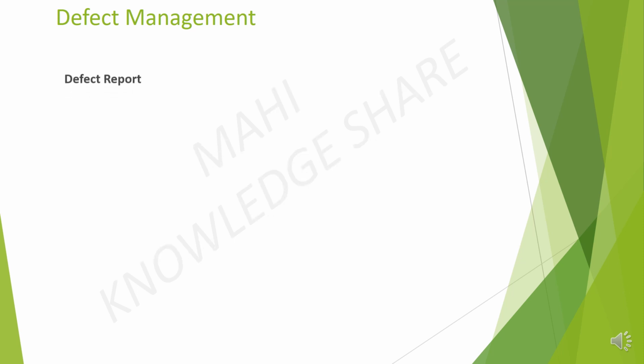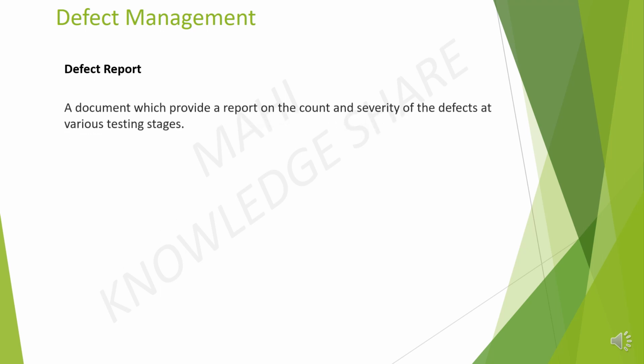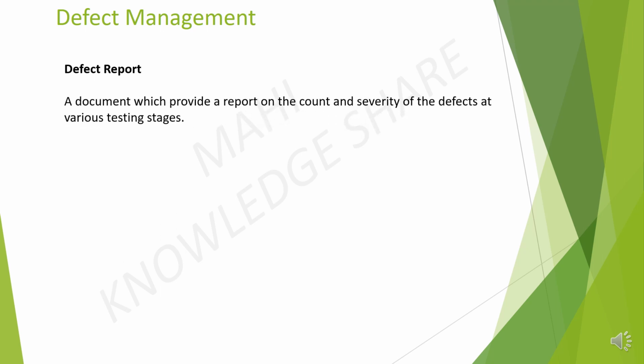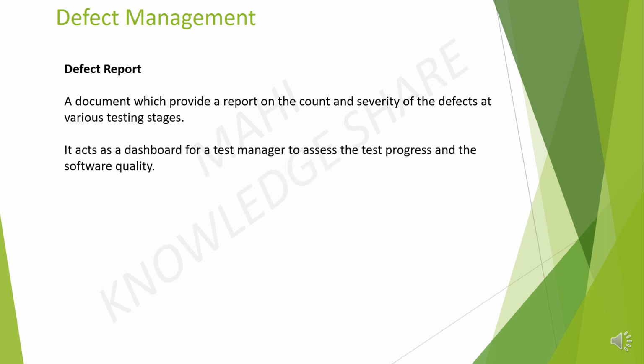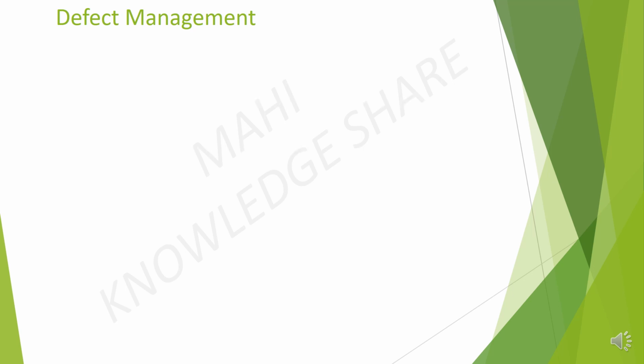Defect report. A defect report is a document which provides a report on the count and severity of the defects at various testing stages. It acts as a dashboard for a test manager to assess the test progress and the software quality. Purpose of defect reporting.